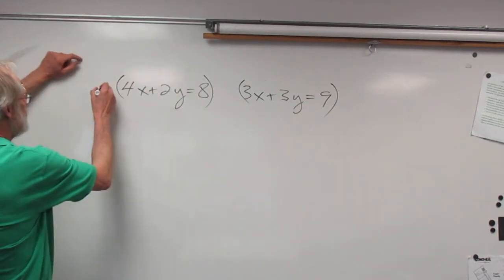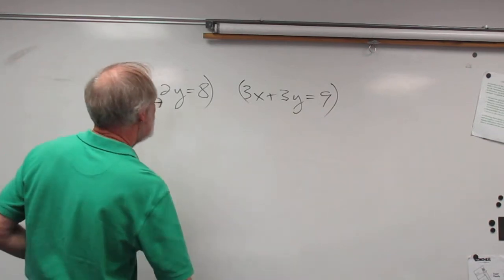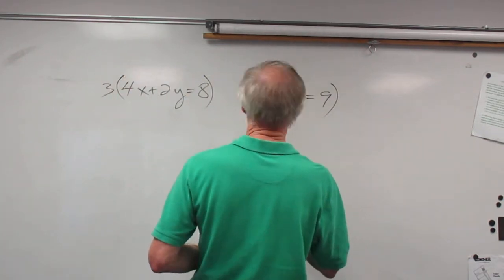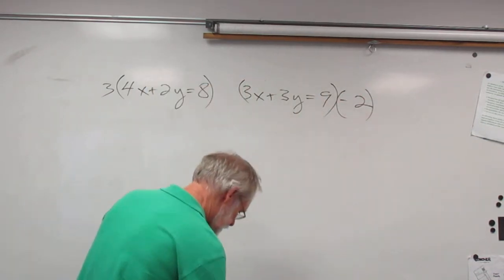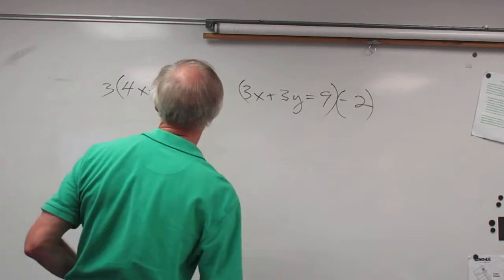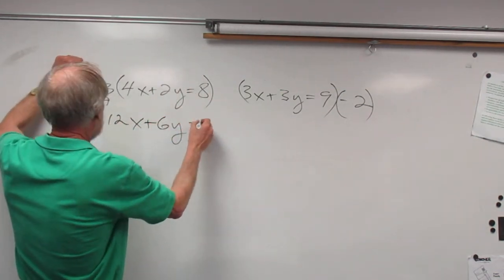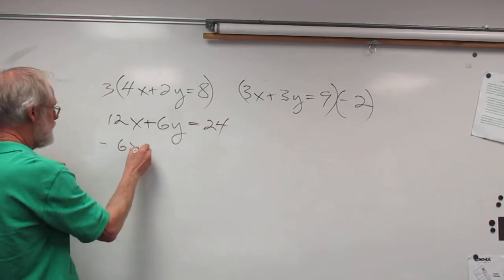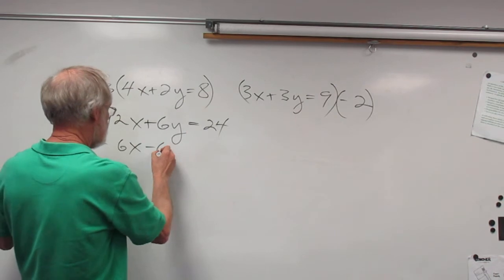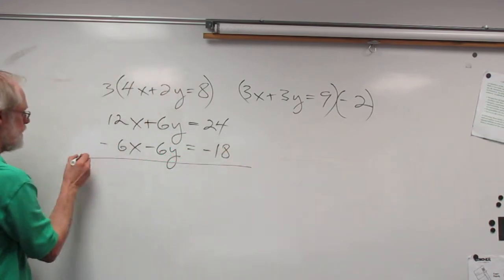So what I'm going to do is multiply this equation by 3, and multiply this equation over here by negative 2. All right? Now, what I get when I do that over here is 12x plus 6y equals 24, and I get negative 6x minus 6y equals negative 18.